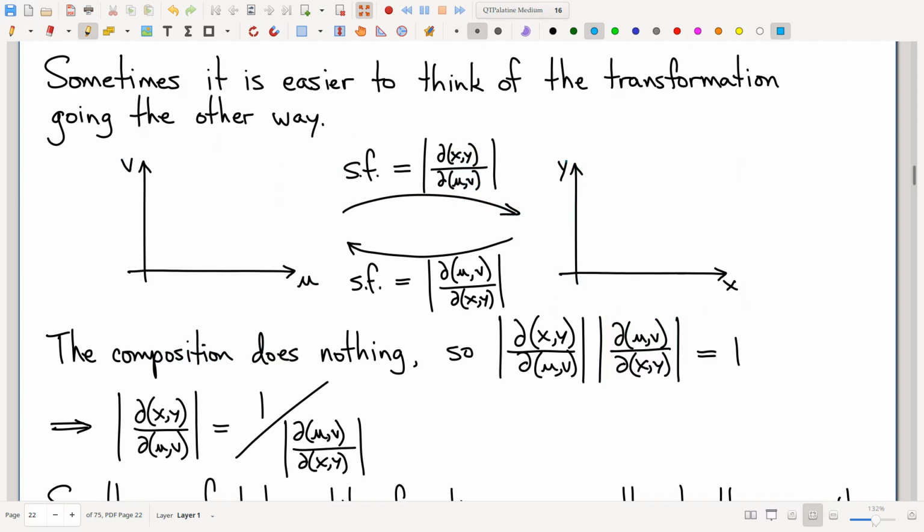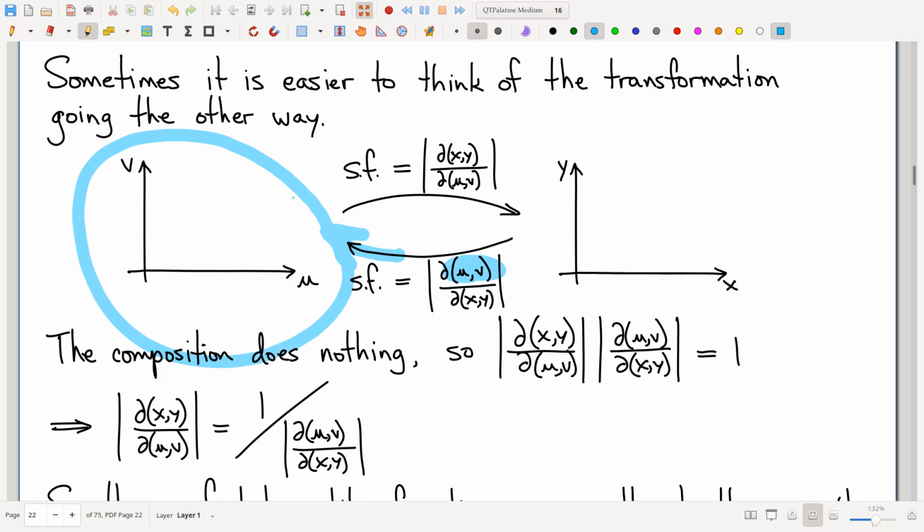Okay, now here's the idea. If I have an invertible change of variables function, I can invert it. I can turn that around and go the other direction. If I go the other direction, I will have u and v now as my output variables.